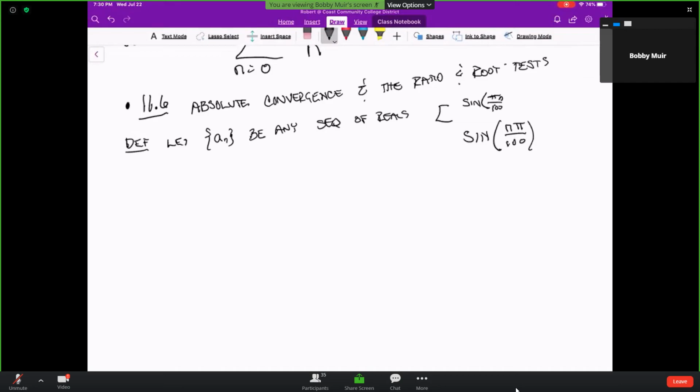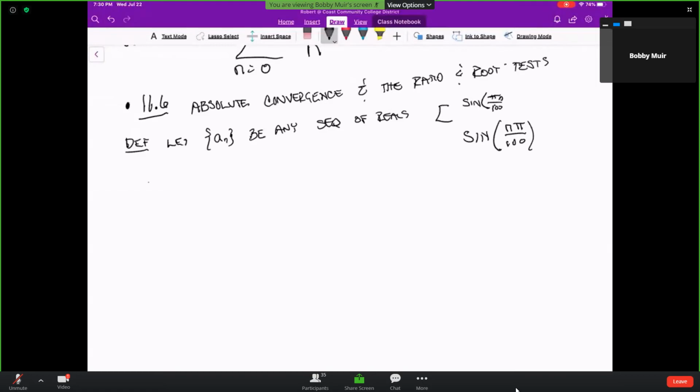So when n goes from 0 to 50, the sine is going to be positive. After you pass 100, the angles are going to be negative. So this guy will stay positive for a long time, negative for a long time. Okay, so I'm including these kinds of things.